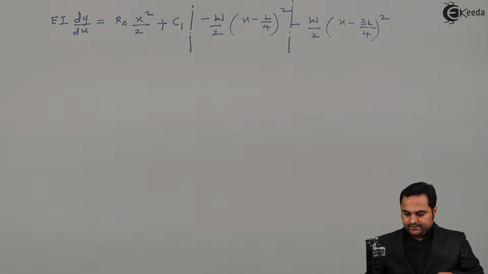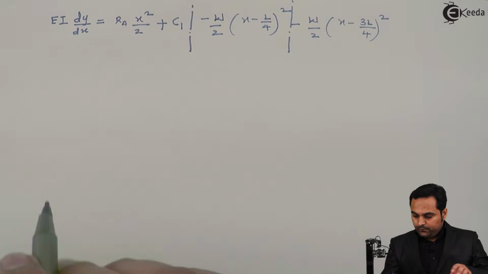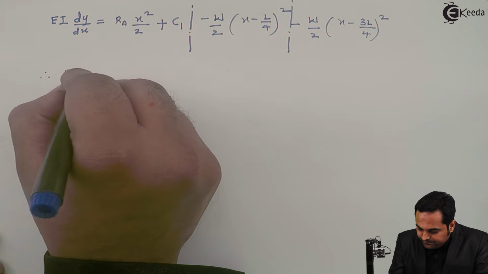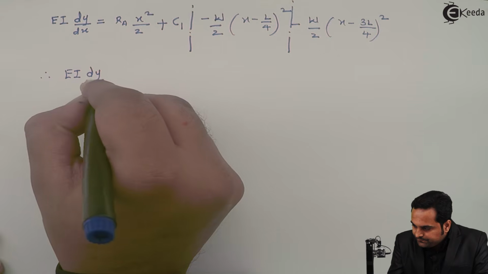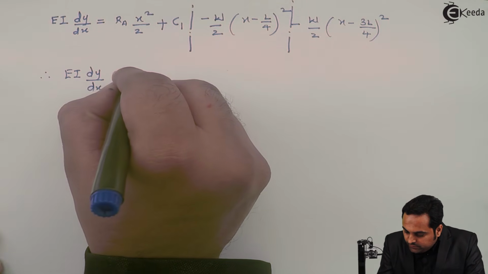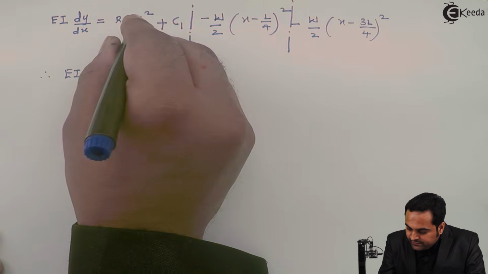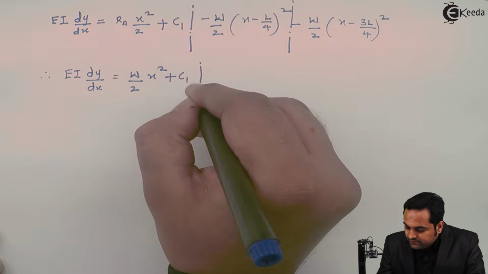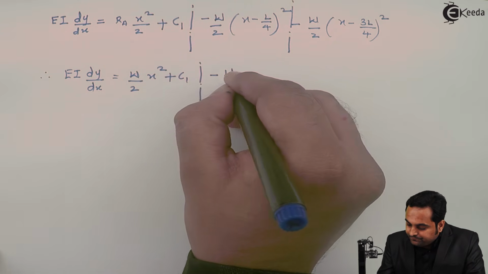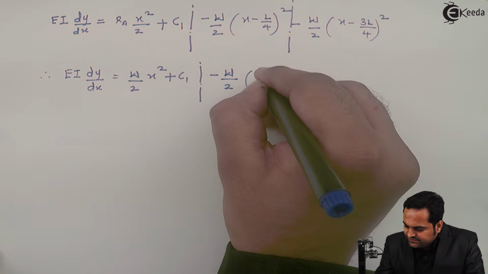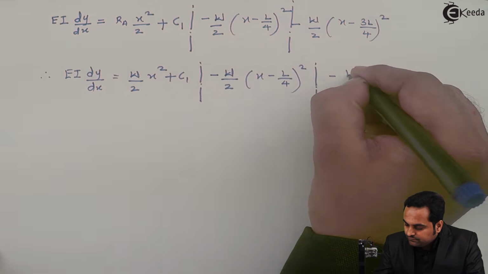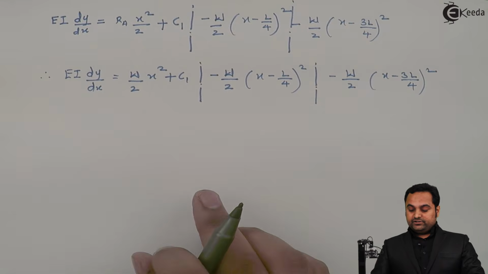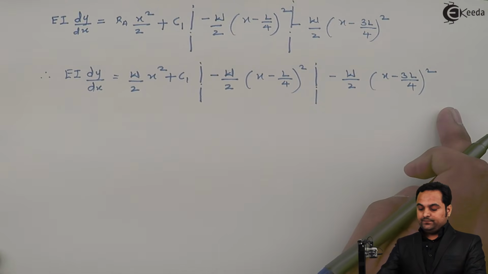So this is the result of the first integration. So now here I'll put the value of RA, which was W, so therefore I have EI dy by dx is equal to W by 2, I'll write it as it is, and here I have x square plus C1, this is the first term, minus the next terms I'll write as they are. Now, after the first integration I am getting this equation.